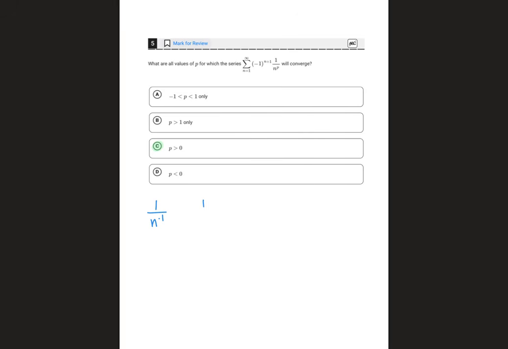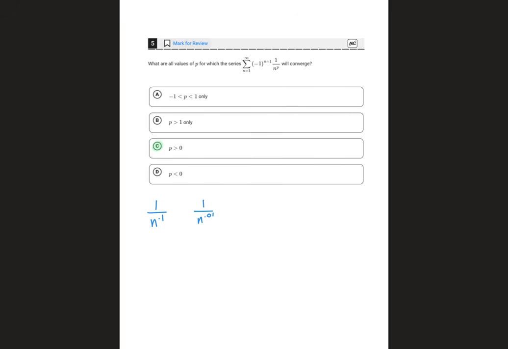Even if it was 1 over n to the 0.01, as n increases, this denominator increases, which means this fraction gets closer to 0. Whenever the denominator increases for a positive fraction, the whole fraction decreases. So this will be decreasing, and it'll go to 0 since it's like bottom heavy.